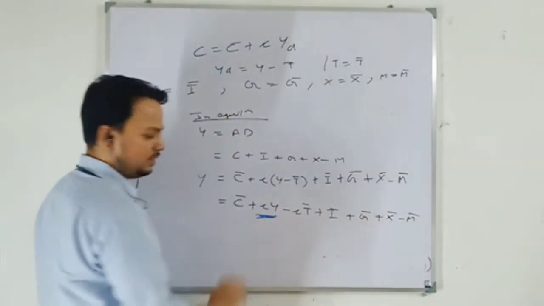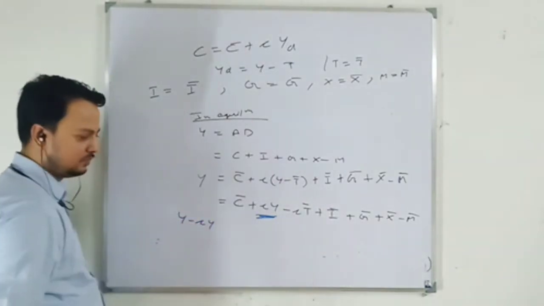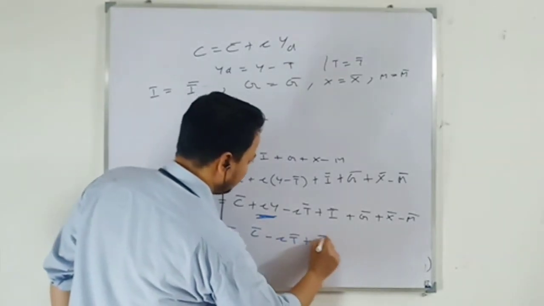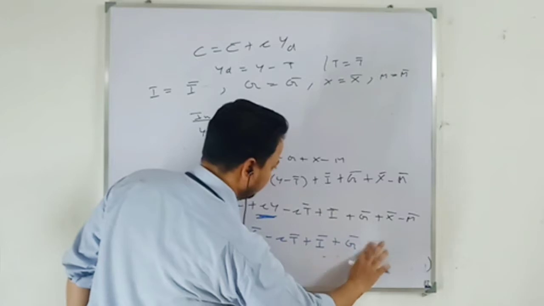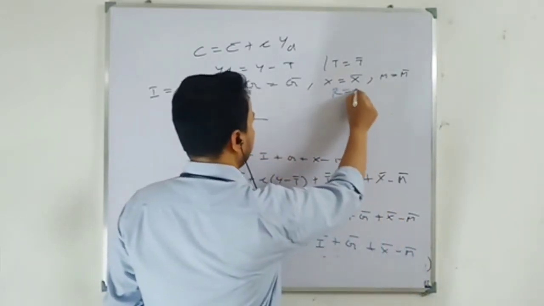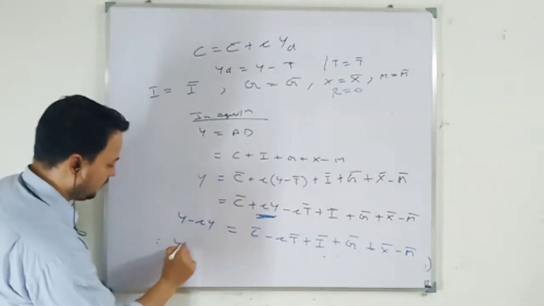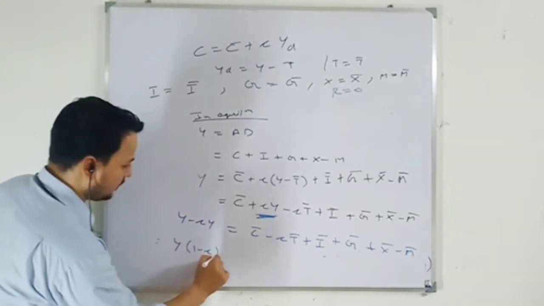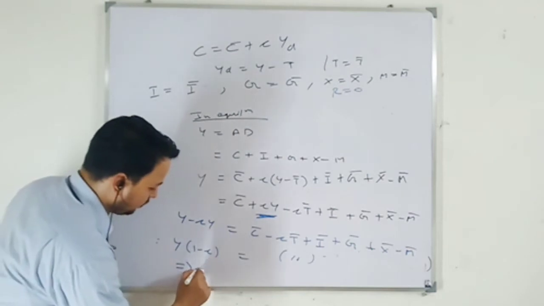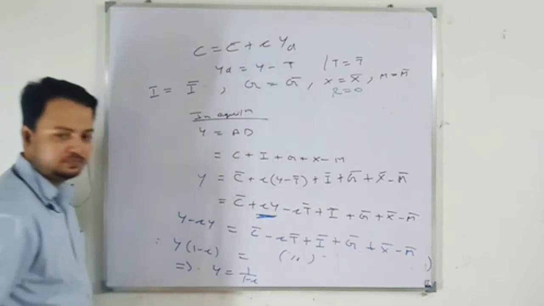Take that to this side: y minus small c y equal to c bar minus small c t bar plus I bar plus g bar plus x bar minus m bar. Here I have taken r to be 0. Now this y will be here, take y common, 1 minus small c, and on this term again. This implies y equal to 1 over 1 minus c and on this term.